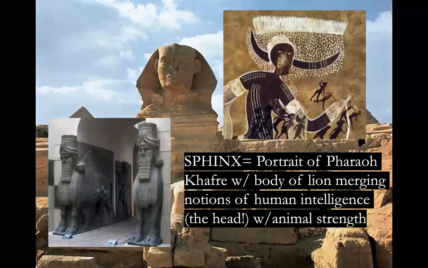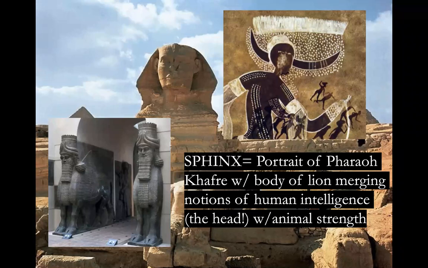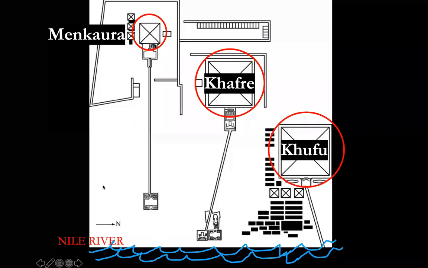And again, we've seen this idea before, either with the running horned woman from Africa, and then you've got the Lamassu from the Middle East, the Assyrian, where they're combining the horns, the lion or the bull body and the wings of an eagle, and then the intelligence of a man.